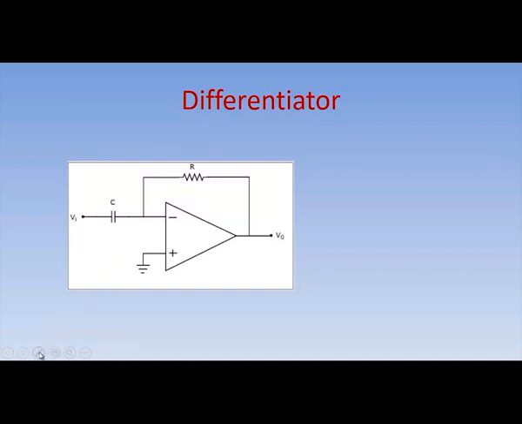Now we have to derive the gain of the circuit, or you can also say the output of the circuit from which we can derive the gain. Consider the current through the capacitor as IC and the current through the resistance as IR, and take this as node A. KCL at node A gives IC plus IR is equal to 0.